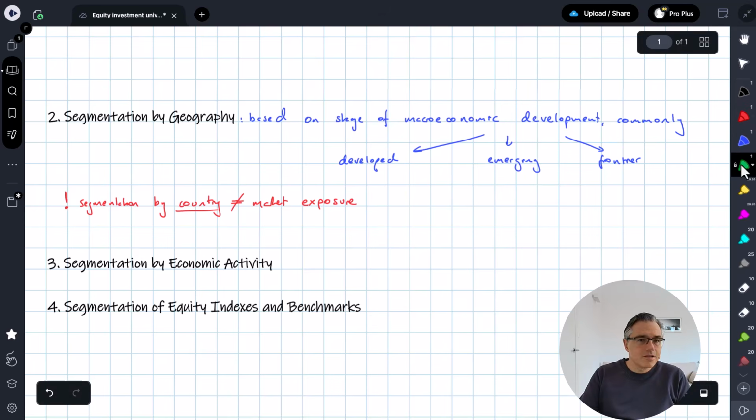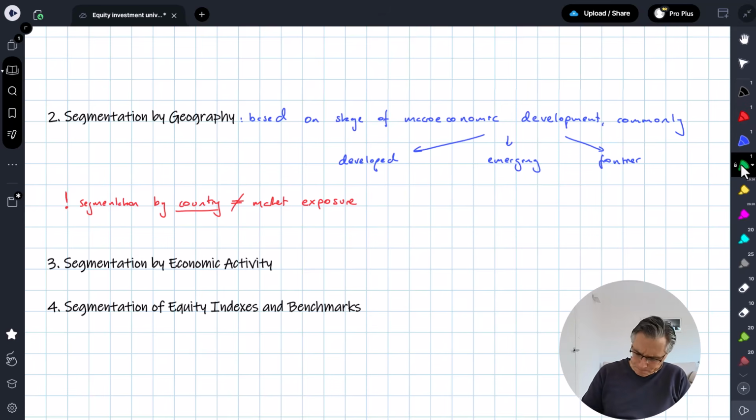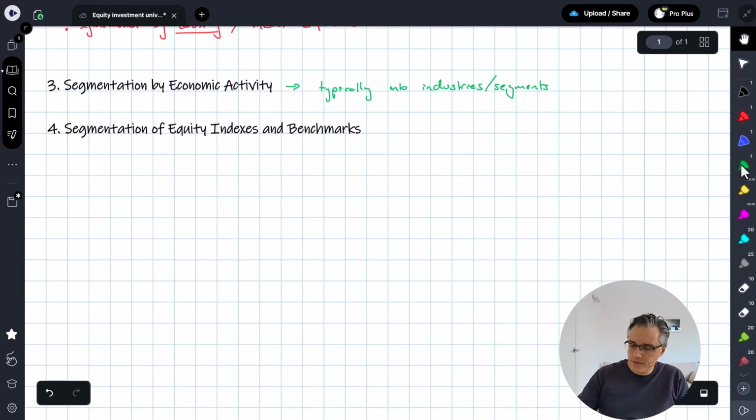Now, the third way to segment is by economic activity. This is basically dividing companies up by their industries and sectors. You did a lot of work at level 1, I think, on segmenting companies by sectors and industries.